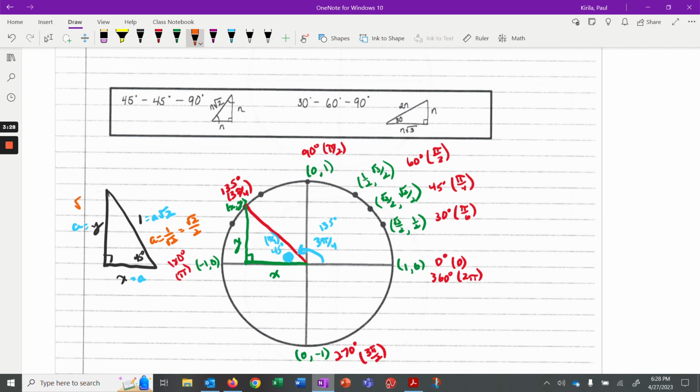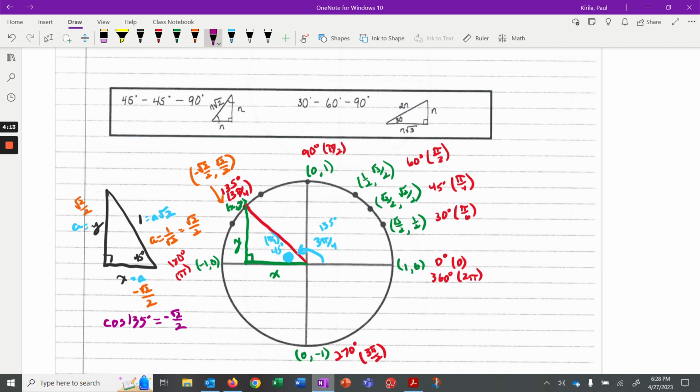I am moving up radical 2 over 2, so y stays positive. But because I'm moving left from the origin, the x has to be a negative number. So the coordinates are negative radical 2 over 2, positive radical 2 over 2. That means the cosine of 135 degrees, the x-coordinate, is negative radical 2 over 2, because I had to move left before I went up.